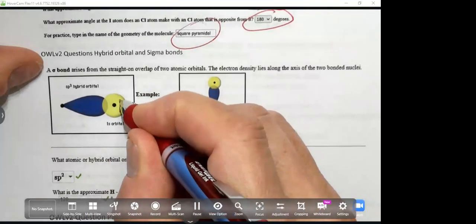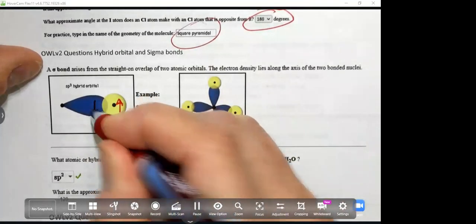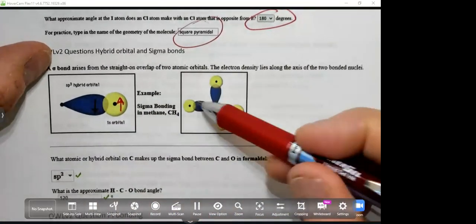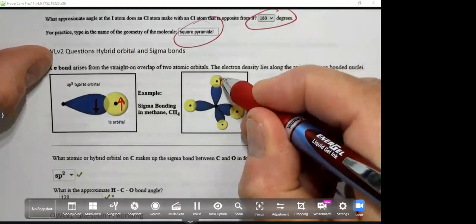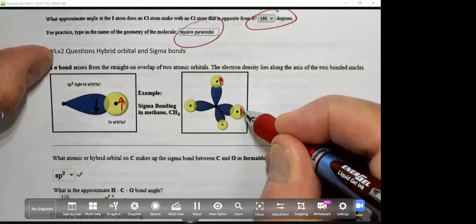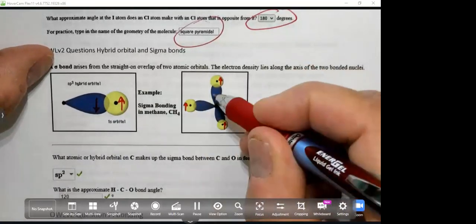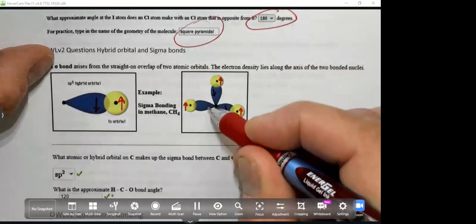So again, we could have an electron spinning up here and an electron spinning down here. And this is CH4 here. Got a hydrogen electron, and you've got an electron here, hybridized.